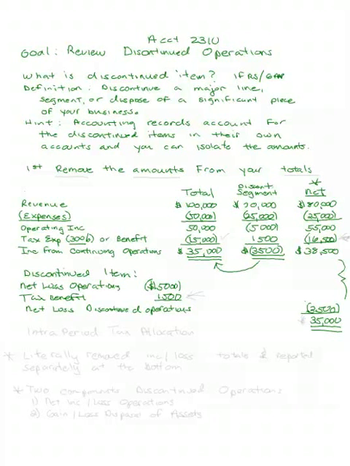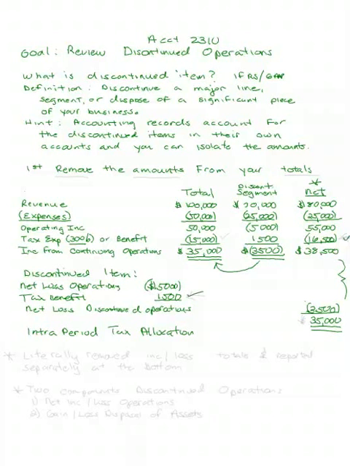And notice I did good tax accounting. I had intra-period tax allocation going, not to be confused with inter-period. I showed the tax effect of income taxes on the operations, and then I showed the tax effect on the discontinued item.